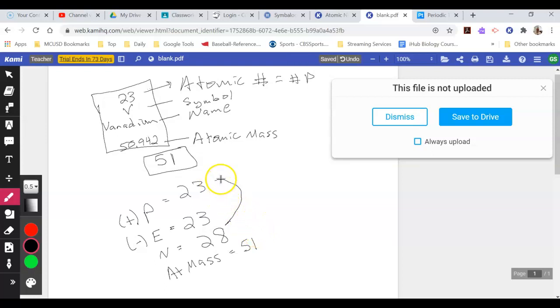If you think about that from the notes, the protons and the neutrons are found in the nucleus, held together, and that's where you get the majority of the mass of an atom. The electron mass is so small that we basically neglect it when we calculate the atomic mass.